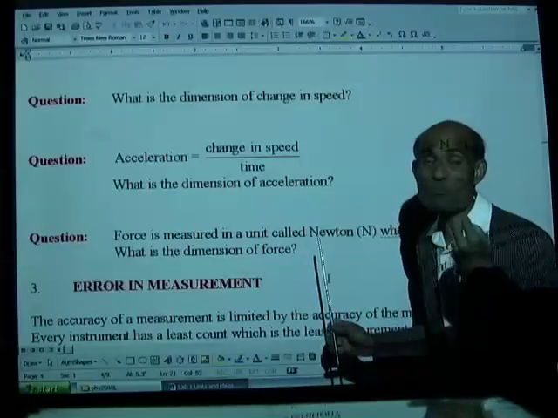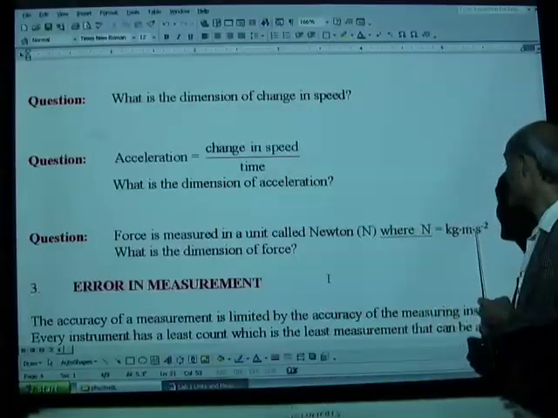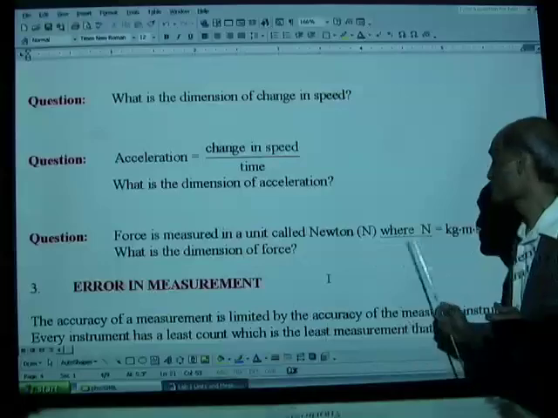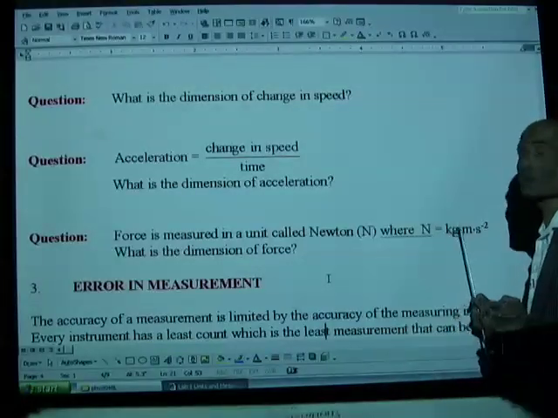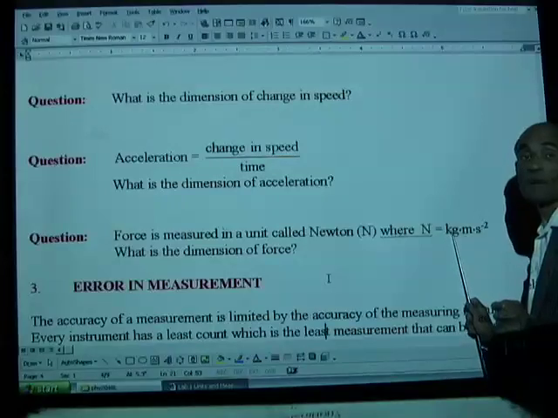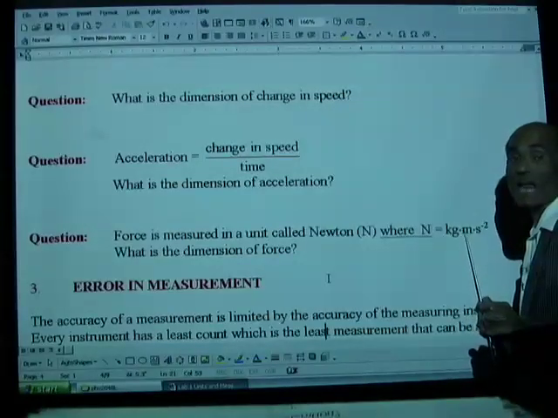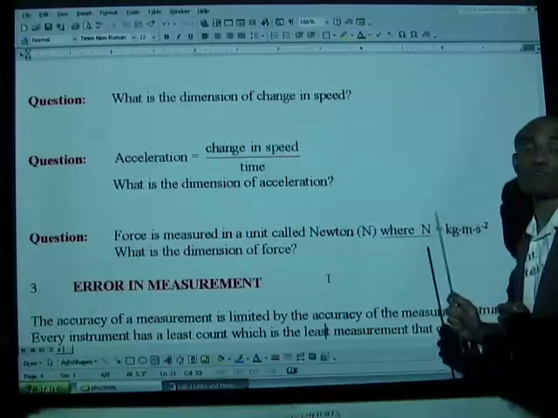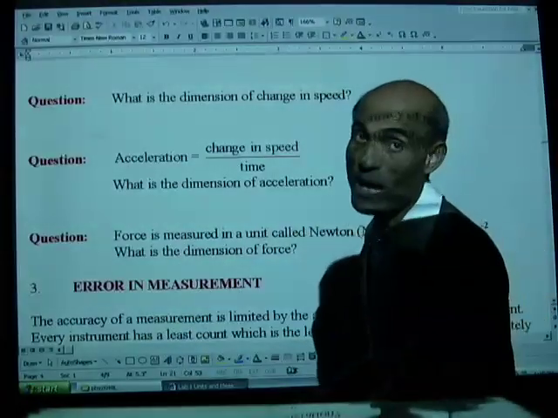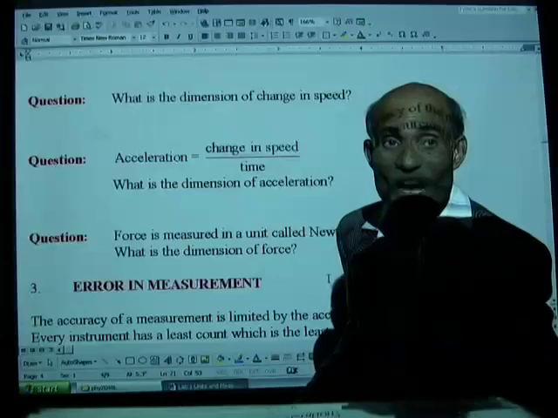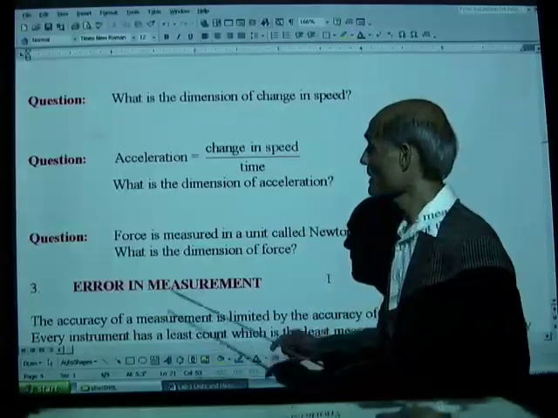It must be uppercase letters. And second is time. So, obviously, the dimension of force will be MLT to the power of -2. You can see I'm giving you all these answers. Well, it means I want you to practice all these.